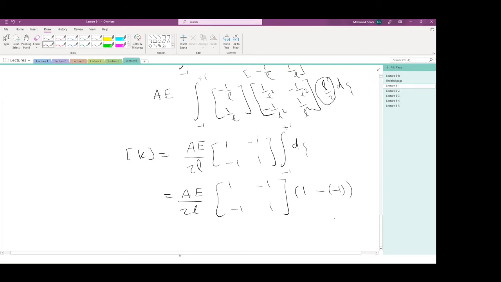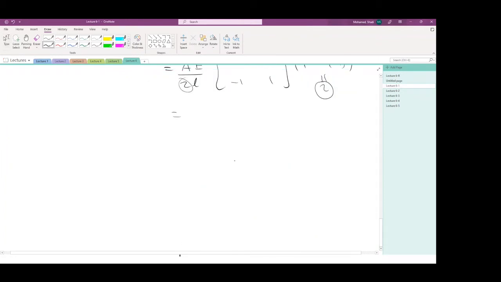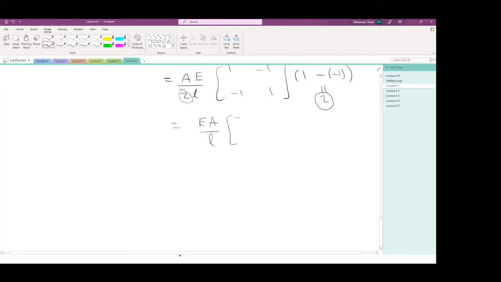This is equal to 2, and the 2 will go away with the 2, and you will be left with EA over L multiplied by plus 1, minus 1, minus 1, and plus 1. And this is your stiffness matrix, which is exactly the same stiffness matrix we have used in the past, but done on the local coordinates.